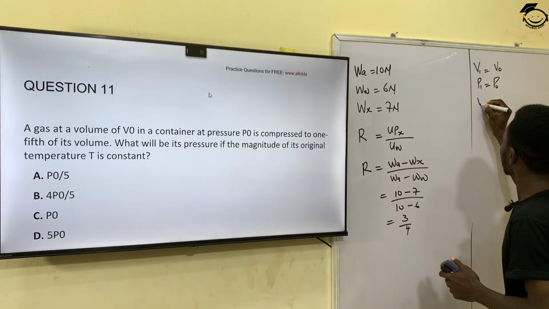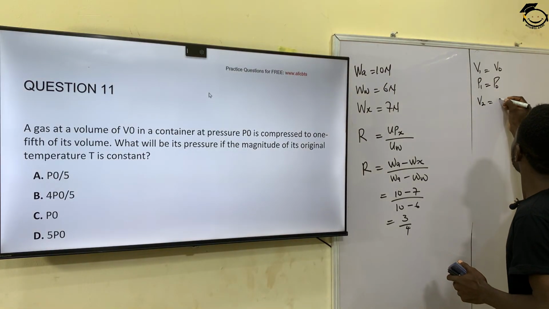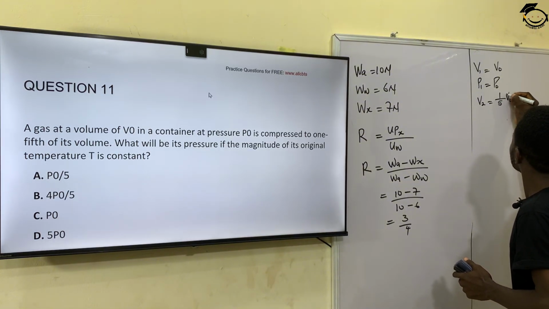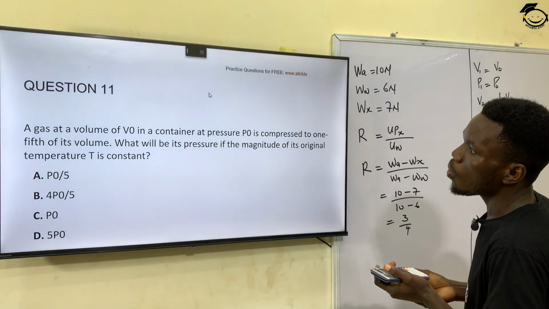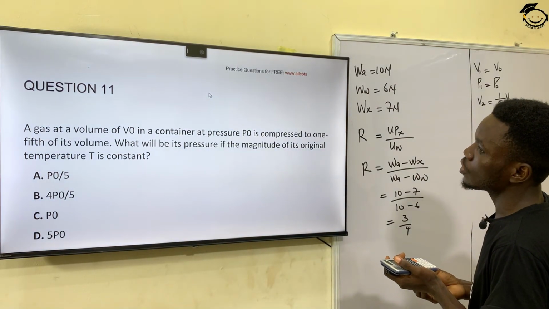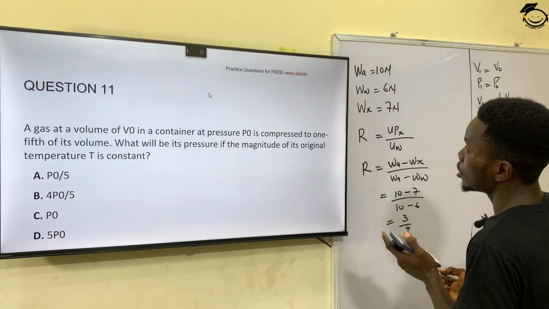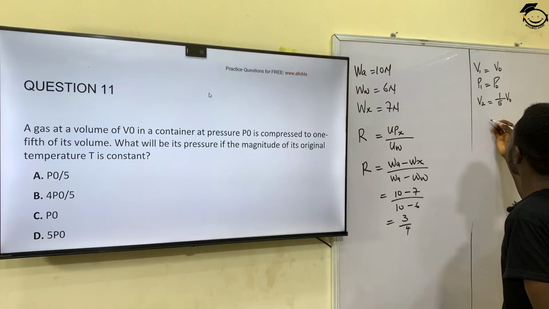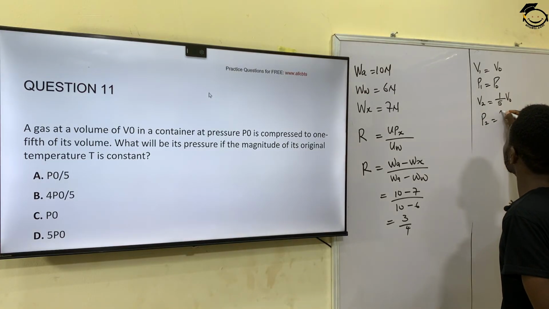So we have compressed it to a new volume V2 as 1/5, that is 1 over 5 V0. What will be its pressure if the magnitude of its original temperature T is constant? So you are telling us that temperature T is constant, which means we are looking for what P2 is, unknown.